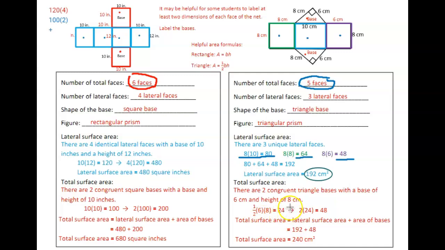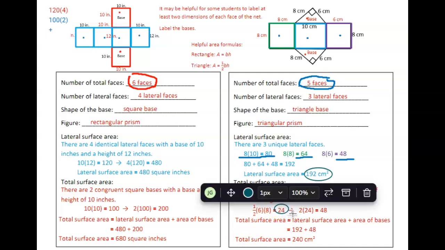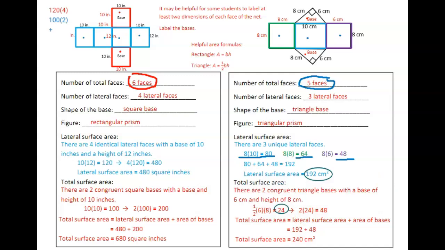Divide that by 2, and it's going to give you an area of 24 for 1 triangle. But you have 2 triangles. You have 2 bases, one here and one here. So that's why we multiply it by 2. And that's going to give us a total of 240 centimeters squared.